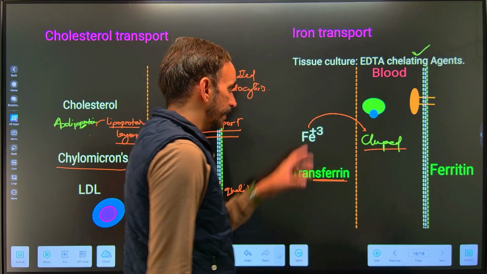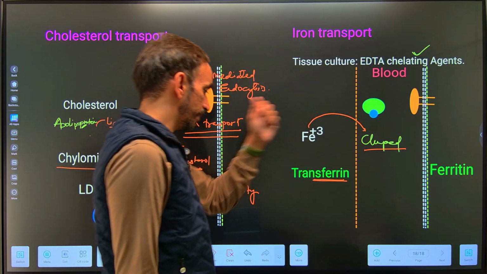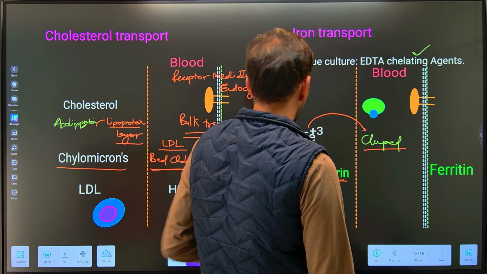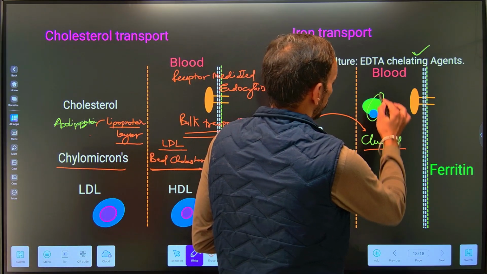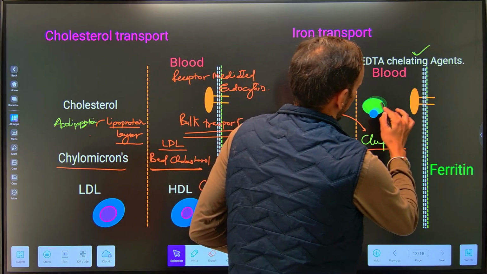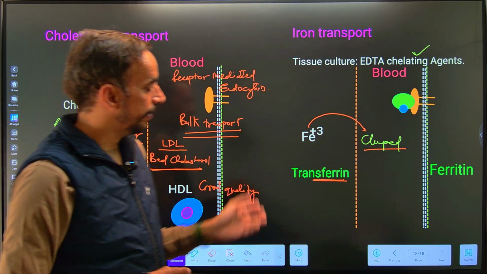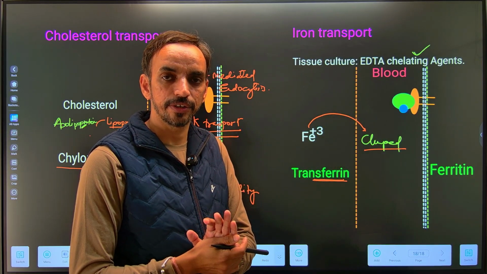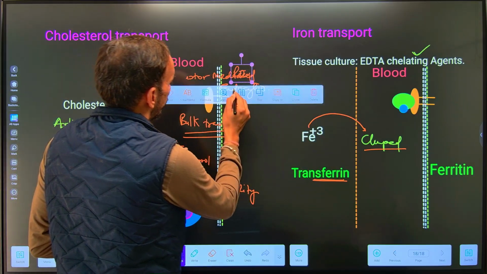Then after entering into the blood, the cell which requires iron has a receptor for this transferrin. ठीक है, ट्रांसफेरिन के रिसेप्टर्स उसके पास में मौजूद होंगे, and this will receive this transferrin. Again the transportation is through receptor mediated endocytosis.